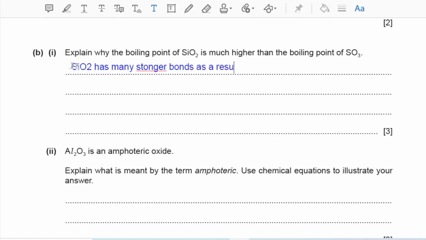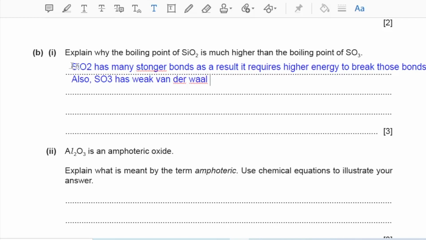As a result, it requires higher energy to break those bonds. Also, sulfur trioxide has weak van der Waals forces.